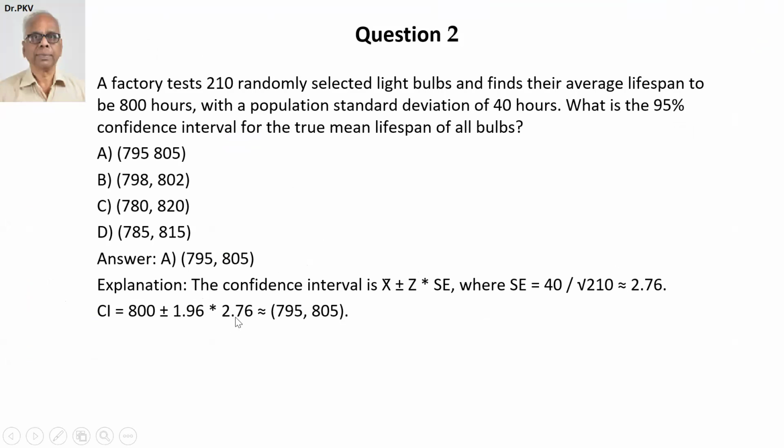So 1.96 multiplied by 2.76, substituting here, you get 795 to 805 as the confidence interval. So choice A is the correct one.